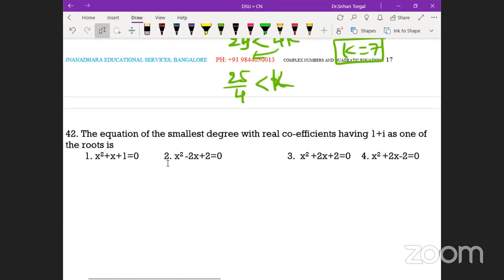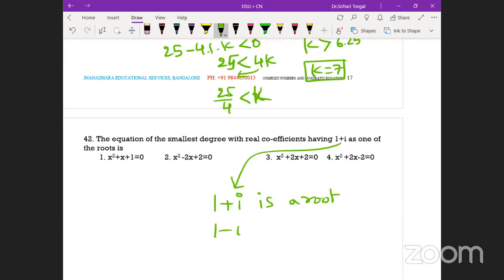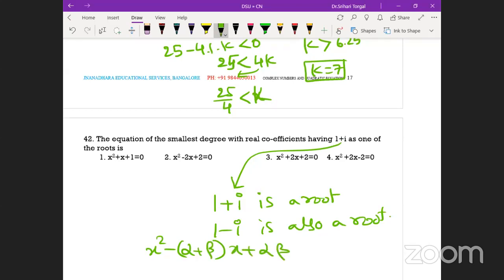Question number 42. The equation of smallest degree with real coefficients having 1 plus i as one of the roots. I will tell you one more thing. When you have complex roots, if 1 plus i is a root, then I think all of you know 1 minus i is also a root. Right? And you know that in the formation of a quadratic equation, first we have to add the two roots and multiply.